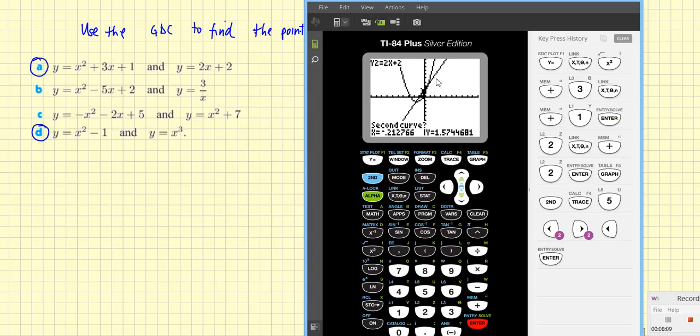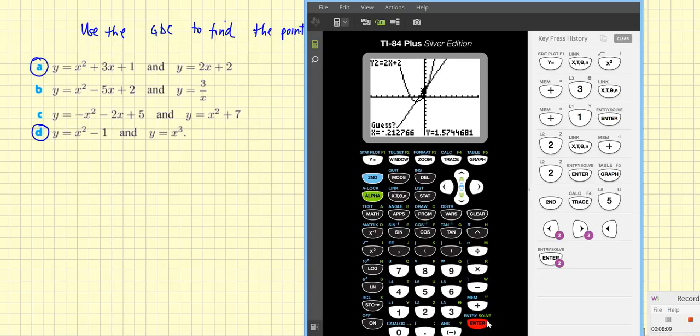At this point, the cursor has now moved to the other graph, which is the linear equation, and again, it's close by to the point of intersection, and it's asking me now, is my second curve the linear equation? I'm going to say yes to that because it is close enough to the point of intersection without actually touching the curve.